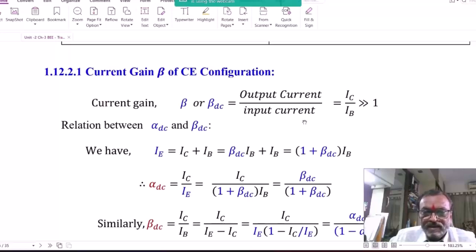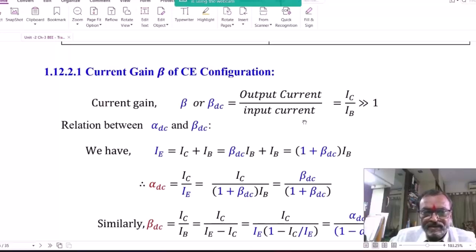Since IC is much higher than IB, as we have seen from the operation of the BJT, the ratio IC by IB, that is beta, is always much greater than 1. For common base configuration, we have seen the current gain is alpha or alpha DC.